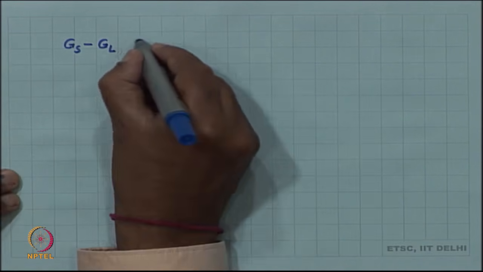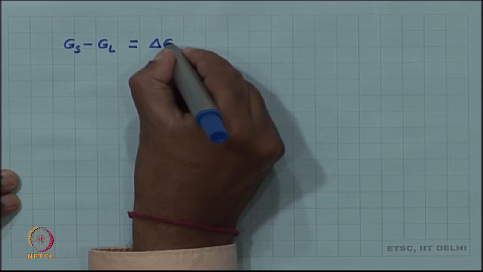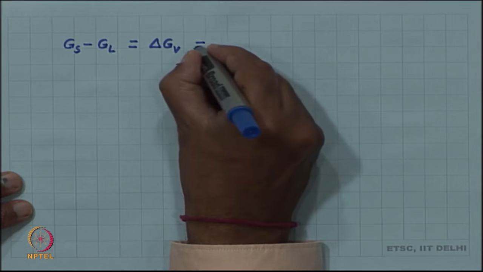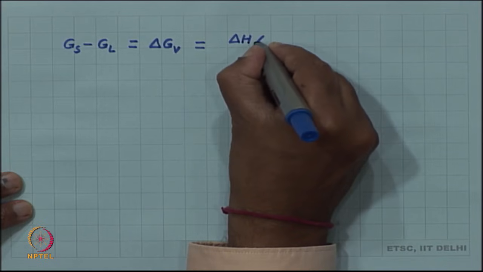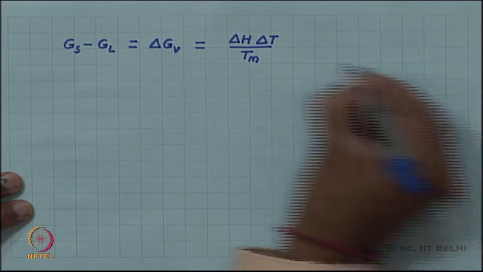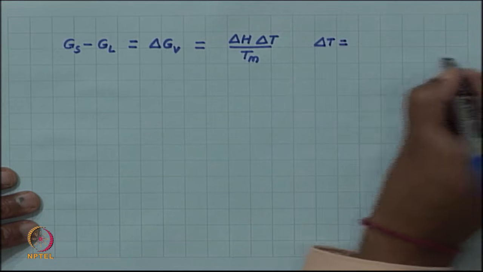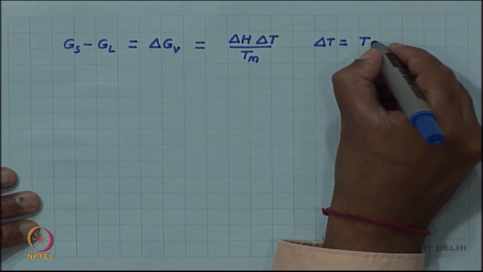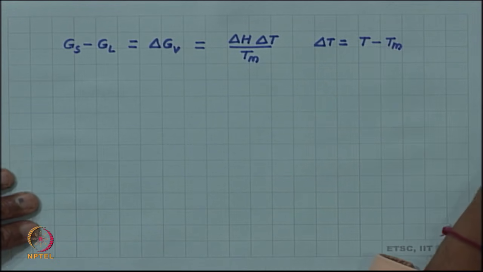So, Gs minus GL, which we can call delta Gv, we had shown is nothing but delta H delta T by Tm, where delta T was T minus Tm.